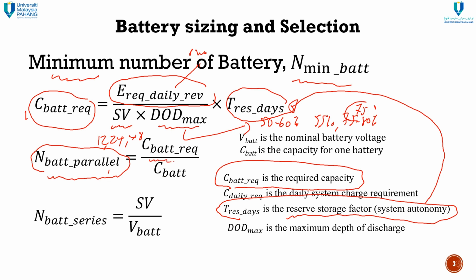So the battery requirement is calculated from here, then divided by the capacity of the battery that we use, for example a 100 Ah or 200 Ah battery. If we divide by 200 and get 5.3 batteries, that is the minimum number of batteries, so it will be rounded up.